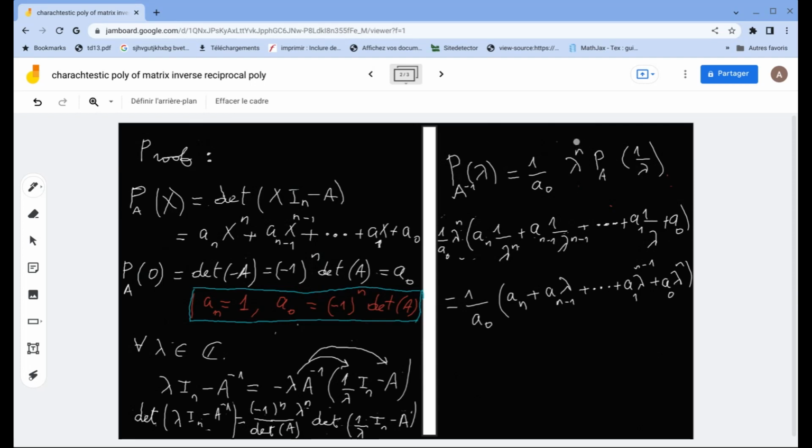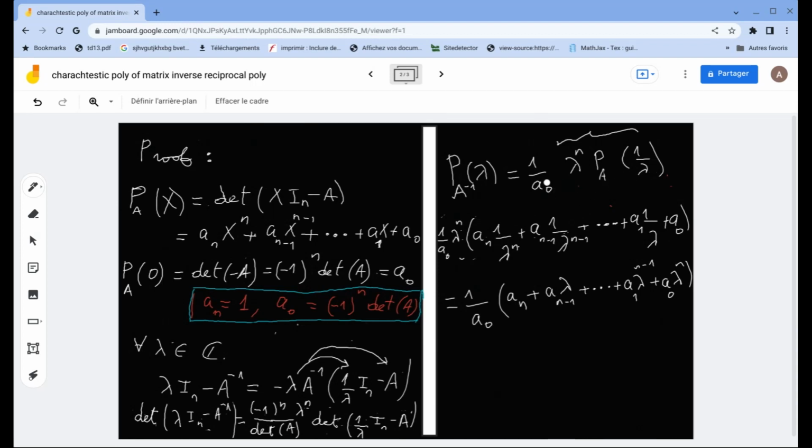This quantity is a polynomial, and this polynomial is called the reciprocal polynomial of PA. So we can say that the characteristic polynomial of the inverse of a matrix is 1 over a0 times the reciprocal polynomial of the characteristic polynomial of A.